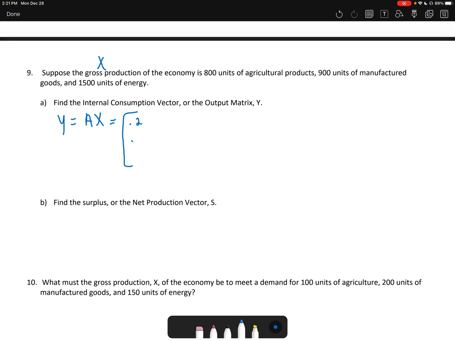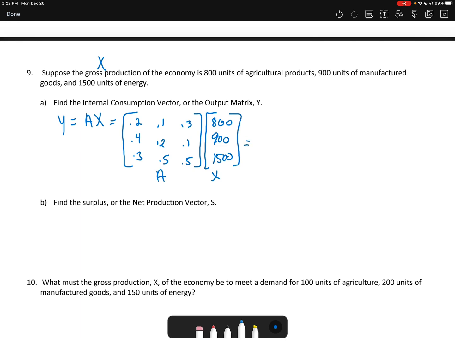Column-wise, it's 0.2, 0.4, 0.3, 0.1, 0.2, 0.5, and 0.3, 0.1, 0.5. And X, from this information, is 800, 900, and 1500.